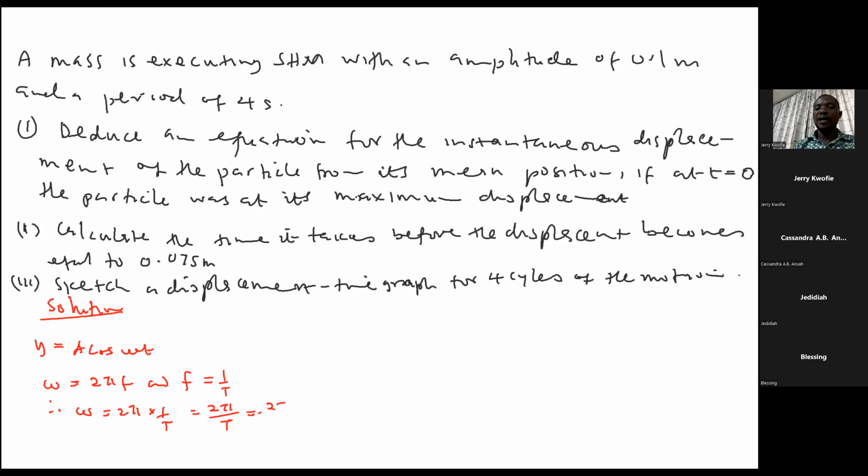T is the period, the time it takes to make one complete oscillation. If the period is 4, then the frequency is 1 over 4. So this is going to be 2 pi over 4. We can put in the value of pi to get a decimal, or we can just write it as 2 pi over 4.